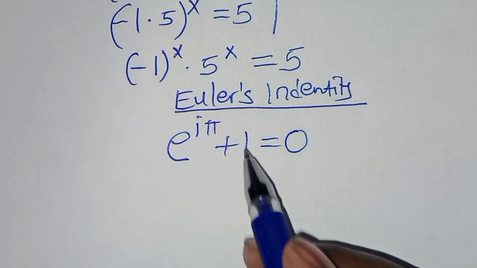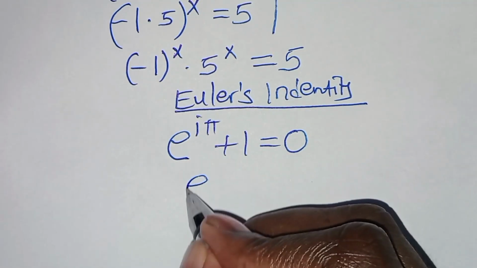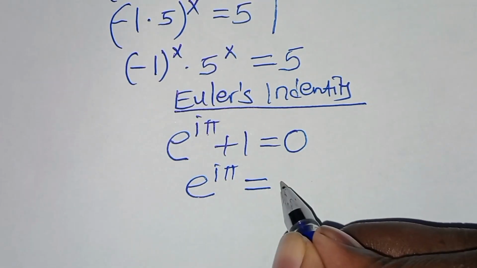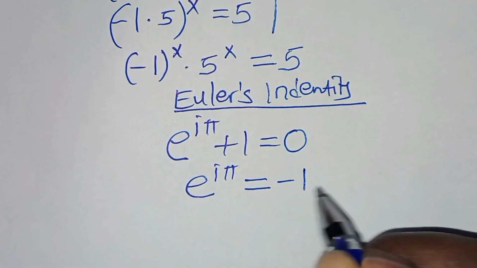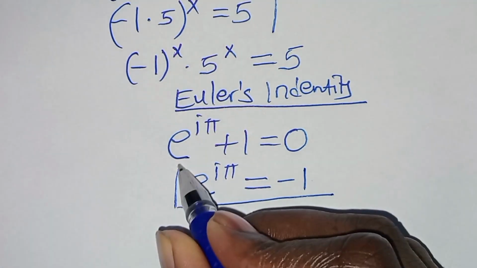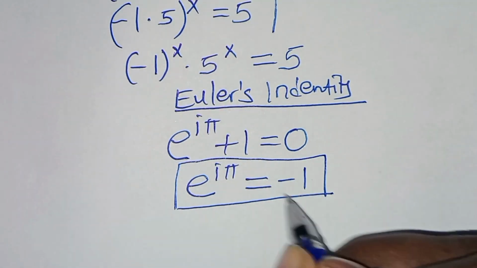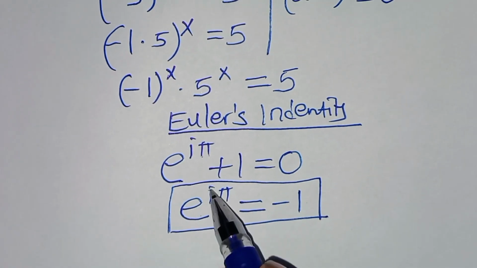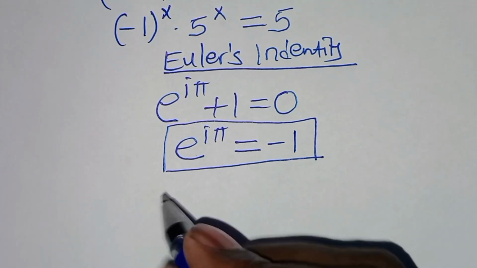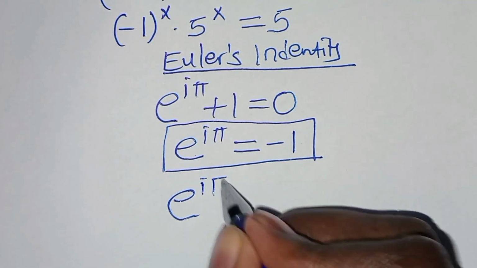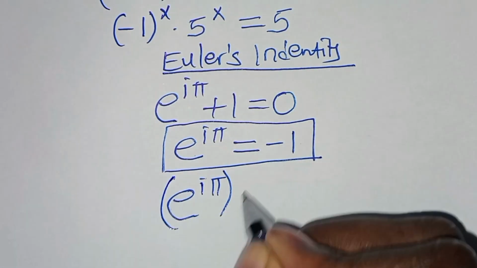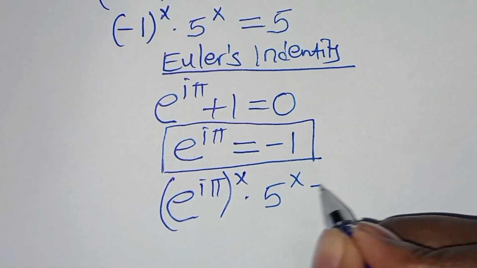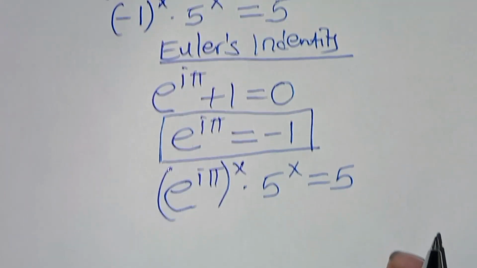From this identity, we can make e^(i pi) the subject of the formula, so this is equal to -1. This implies that we can substitute where we have -1 here with e^(i pi). So we have (e^(i pi))^x times 5^x. This is equal to 5.